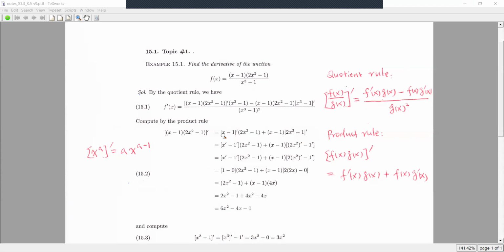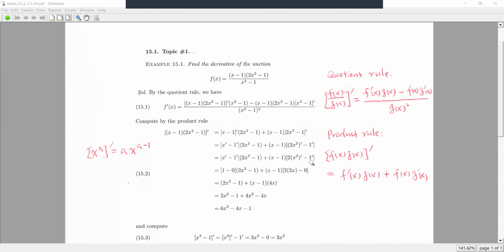Apply the difference rule here and here, then we get this equation. Move the number 2 outside this derivative, then we get this equation. Now, derivative of x is 1. Derivative of 1 is 0. Derivative of x squared is 2x by this formula.